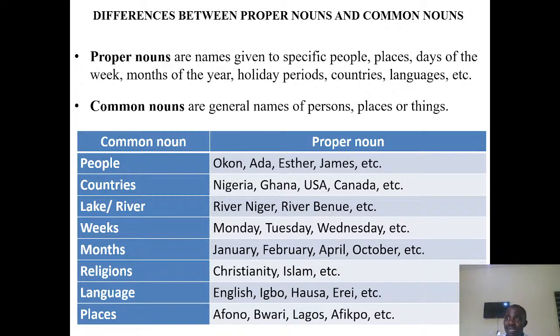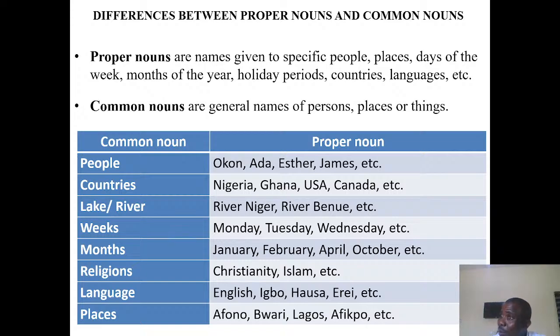Languages: Igbo is a proper noun. Hausa, for any language that has a name, one particular language with one name is a proper noun. Country, the same thing. Nigeria is one, so the word Nigeria is a proper noun. The same is applicable to Canada, USA. So you can see a table that I have drawn to differentiate it. Look at common noun.